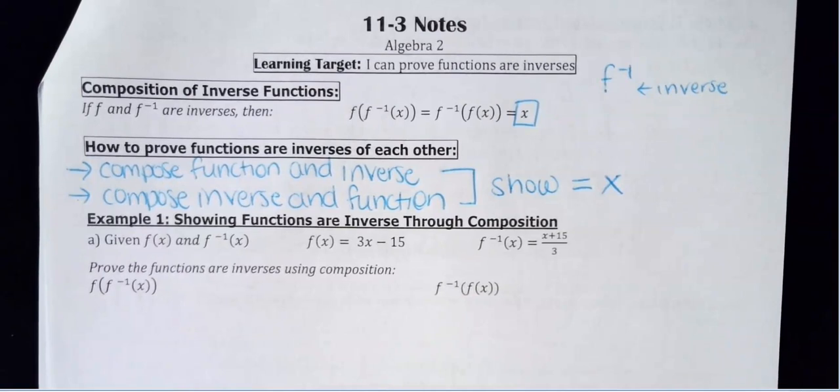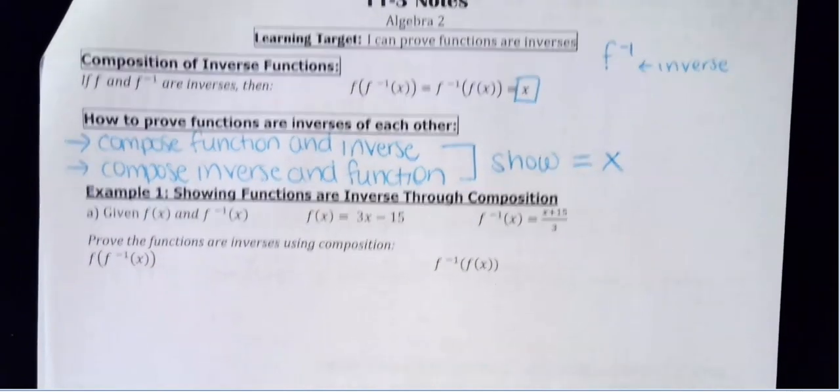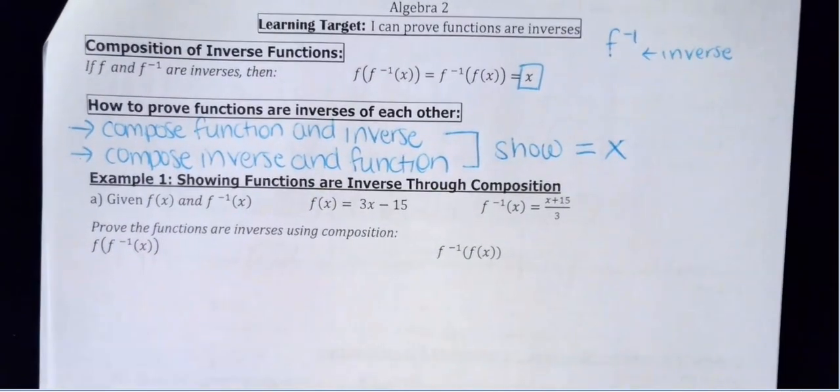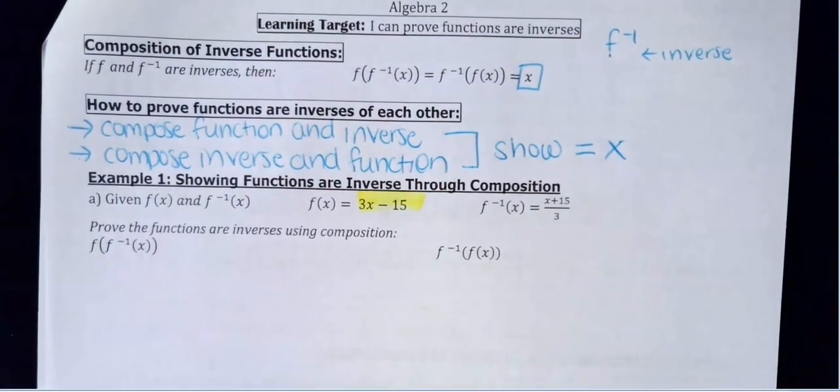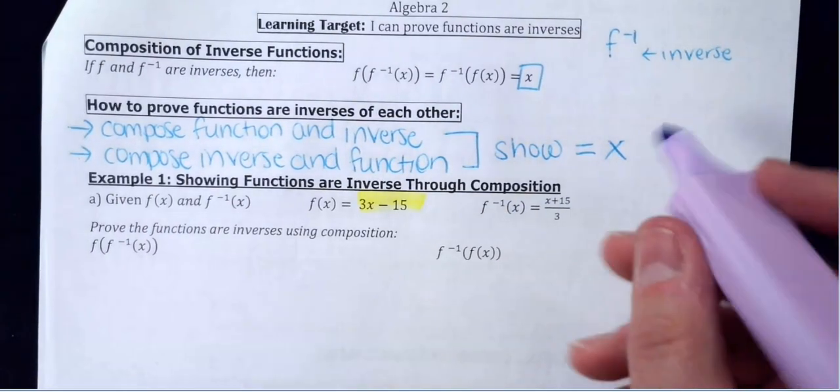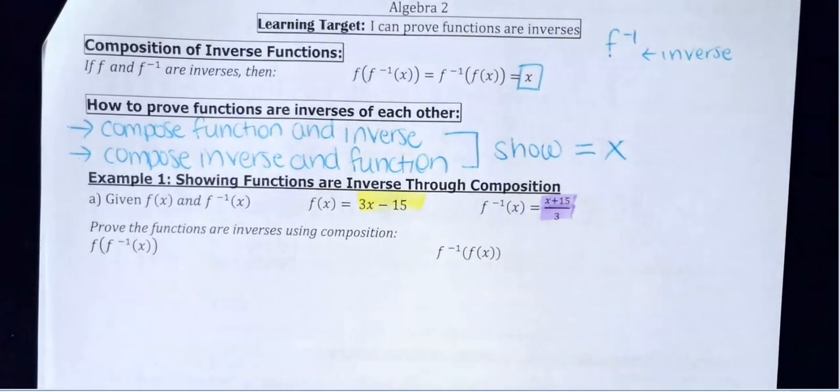So these are kind of like two problems in one. I'm just going to do with you some of the different types of equations that we had. My first one here is f of x is 3x minus 15. This is just a line. A lot of people might not know this to look at the next equation the way it's written, but this is actually the equation of a line. It says x plus 15 over 3.